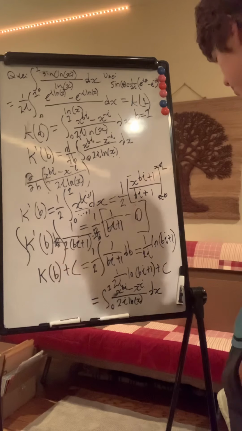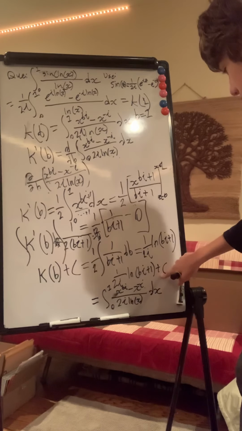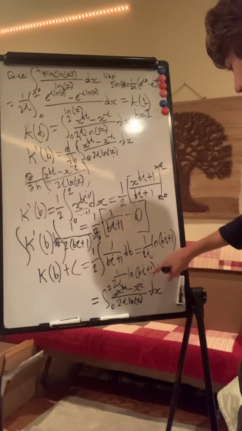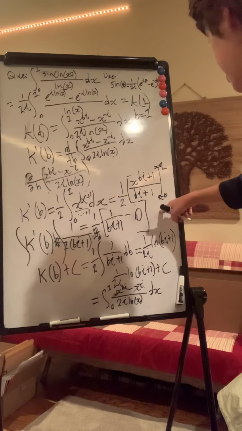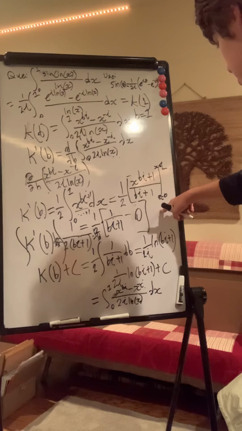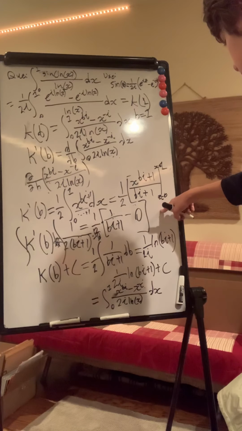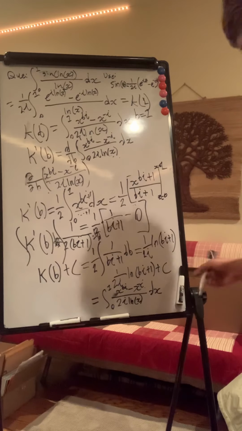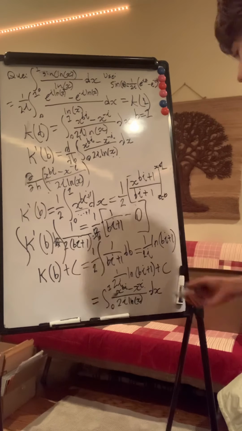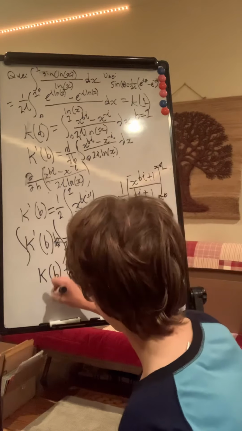However, let's see. So b equals -1 here, and then we have our i there. So take b equals -1.